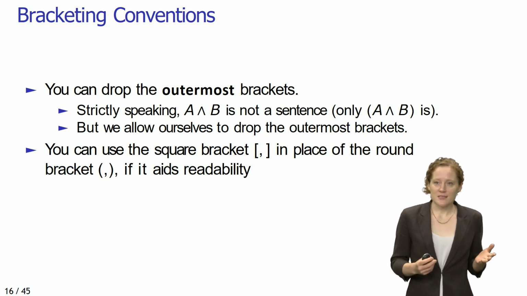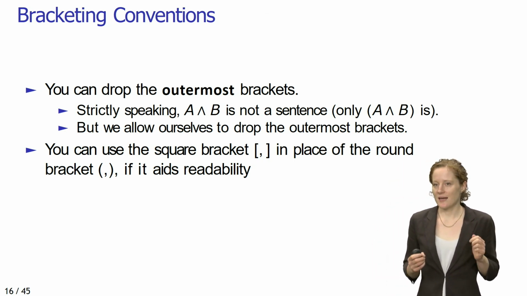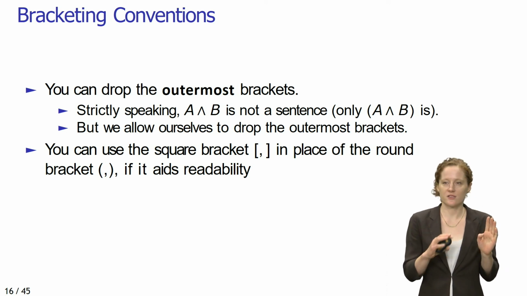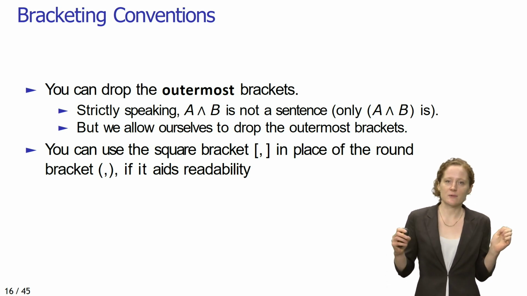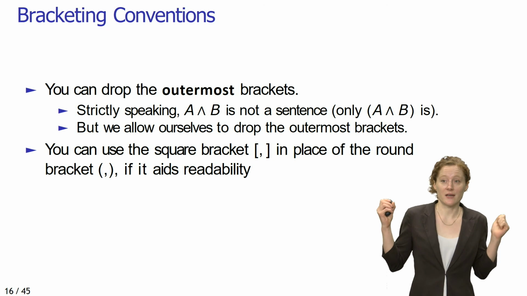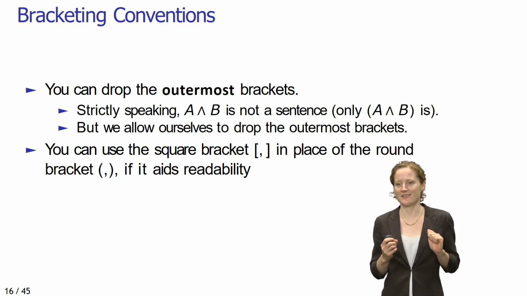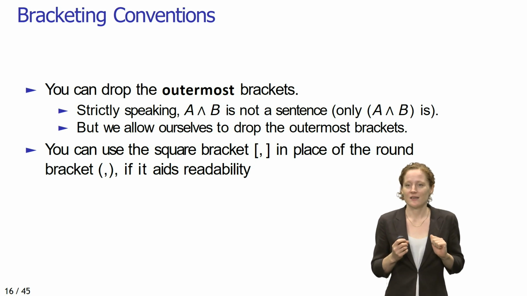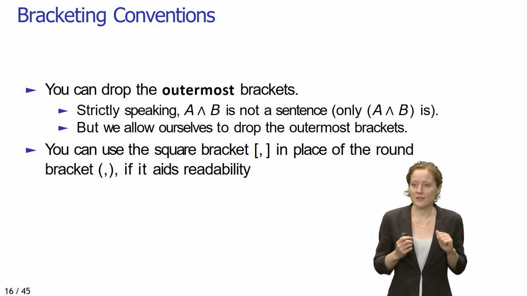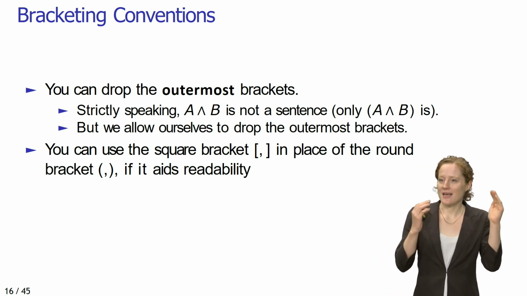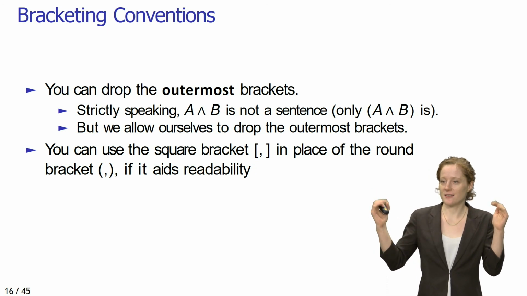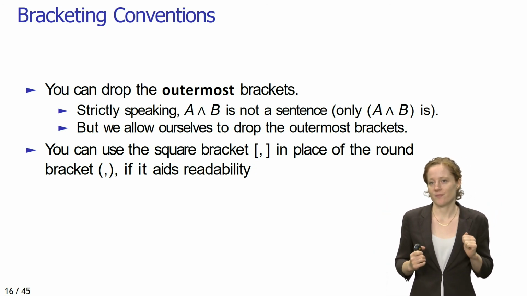Now, strictly speaking, when you just have the three symbols A conjunction B, this sequence of symbols is not a sentence. If you look carefully at our definition of what counts as a TFL sentence, you will observe that only bracket A conjunction B bracket is a sentence.